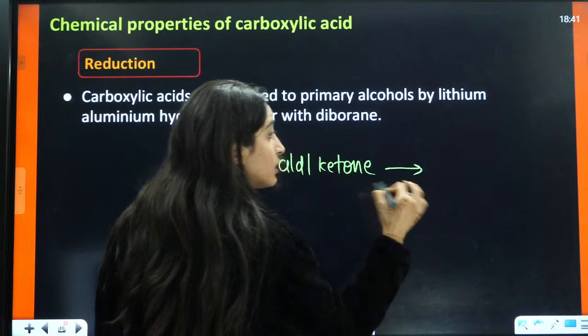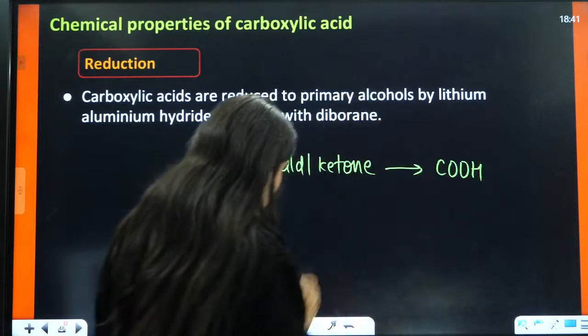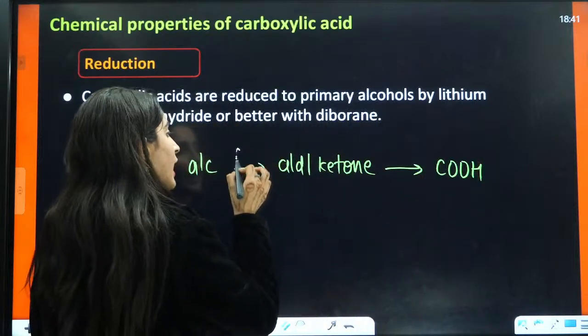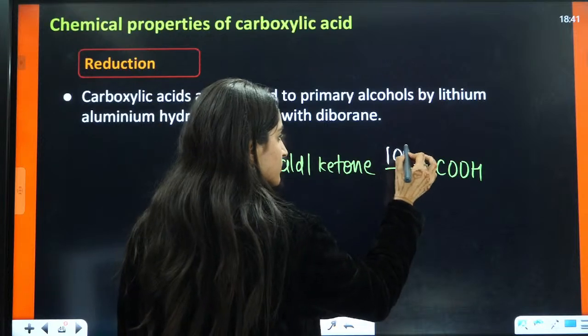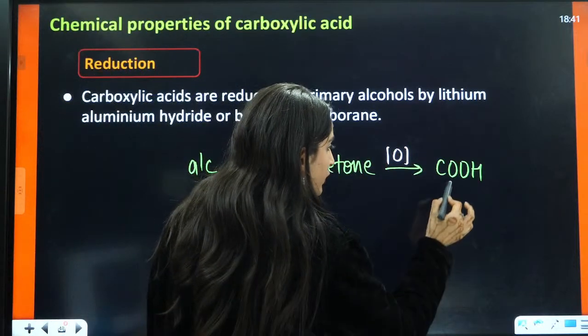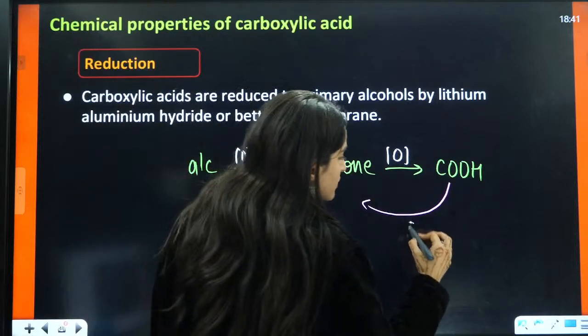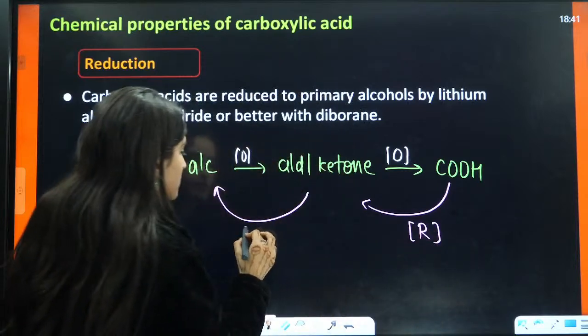And after further oxidation, we had carboxylic acids, right? So this was the relation when we had oxidation. When we do the opposite of this thing, that is reduction.